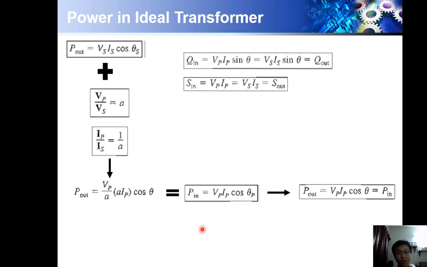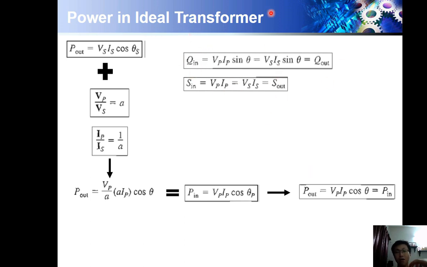Then I get VP times IP cos theta. So we can say that P in equals VP times IP cos theta, and P out equals VP times IP cos theta, which equals P in. So P out equals P in.